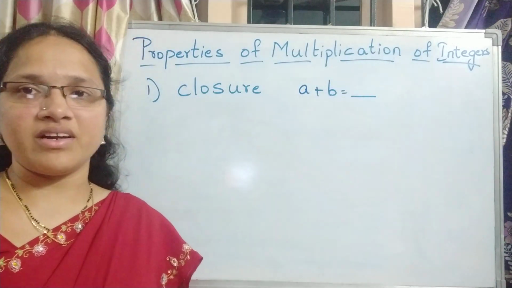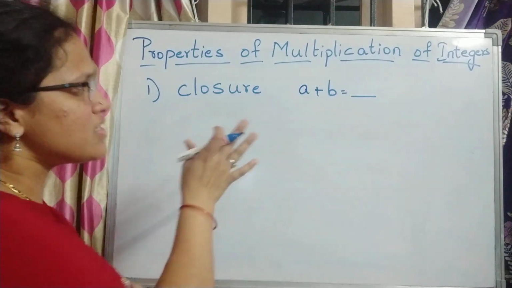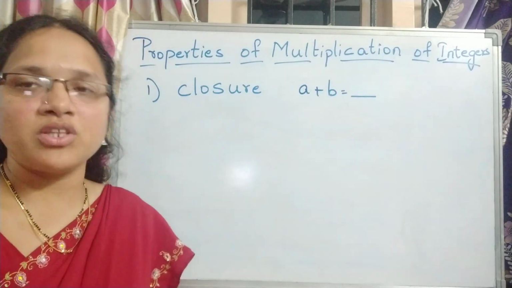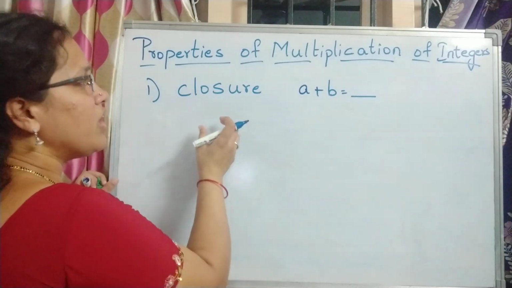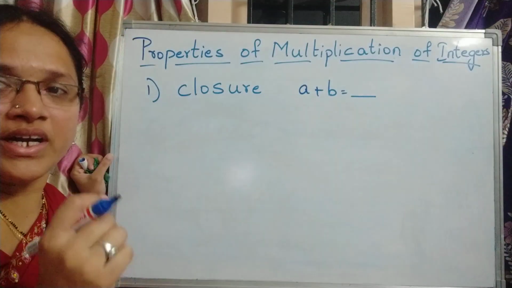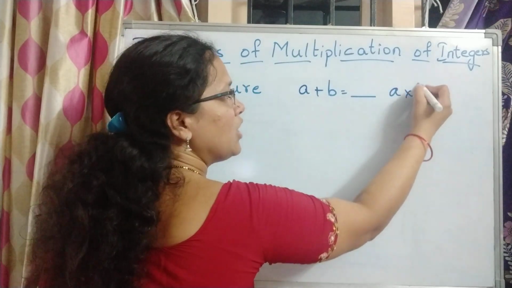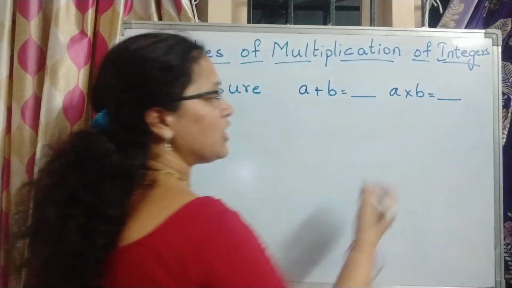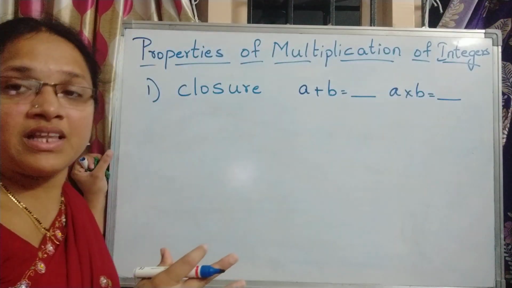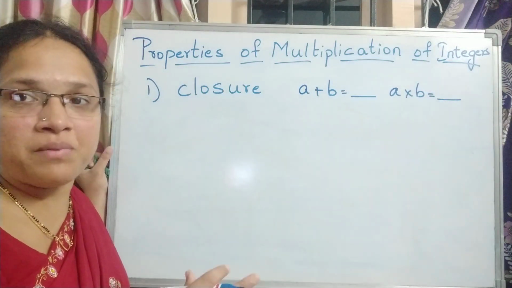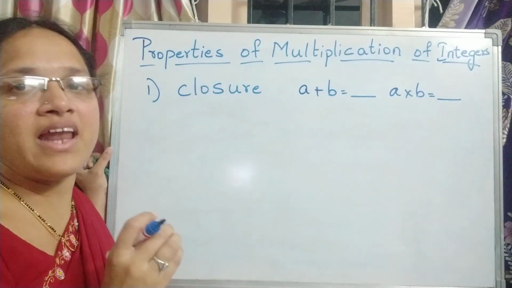That is what we have learned. Yes or no? In a similar way, we are going to learn the properties of multiplication. If a and b are two integers, when you multiply a into b, the resultant or the product, that means the answer which we get after multiplication, should be an integer.